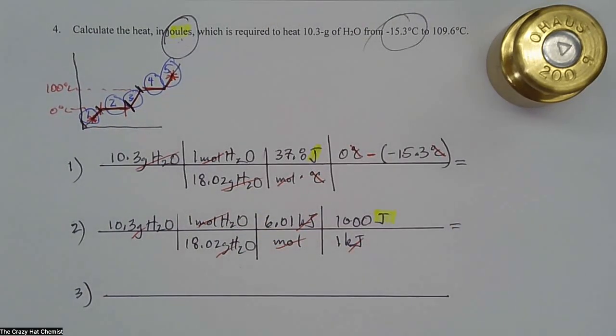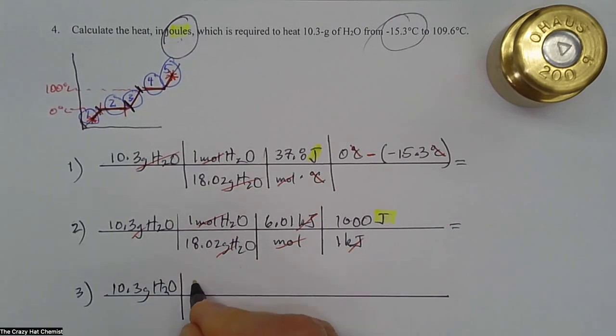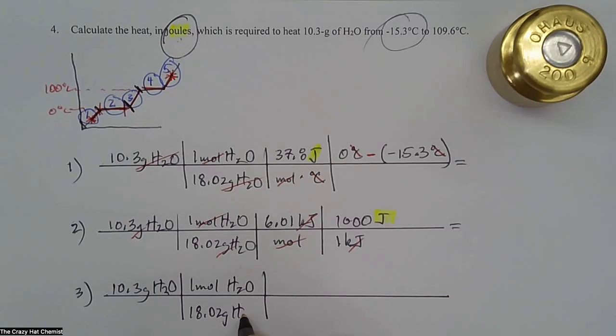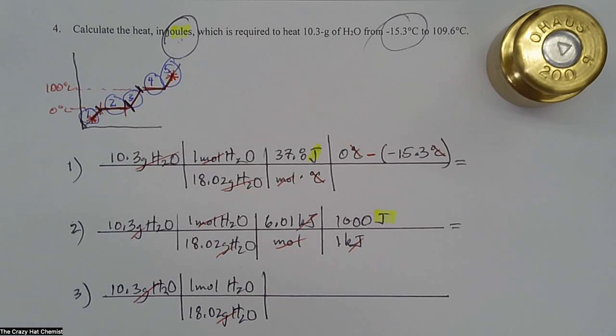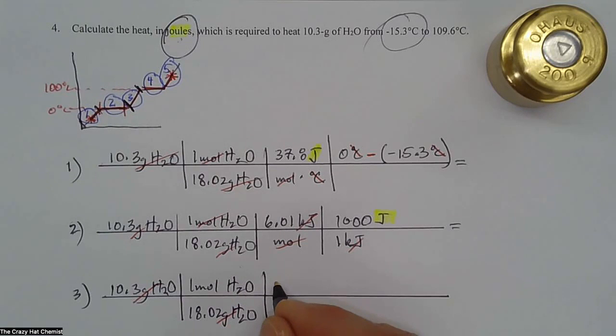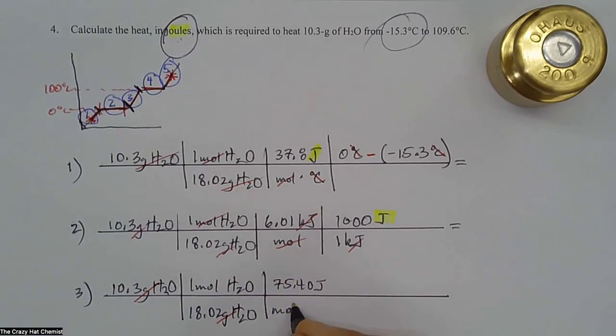So step number 3 is going to be very similar to step number 1, except that the constant is different. We're going to start off with our 10.3 grams of water, and it's 1 mole of H2O to 18.02 grams H2O. You should again see that the units of grams cancels out. And now I'm going to be using the molar heat of water, and that is 75.40 joules per mole degrees Celsius.